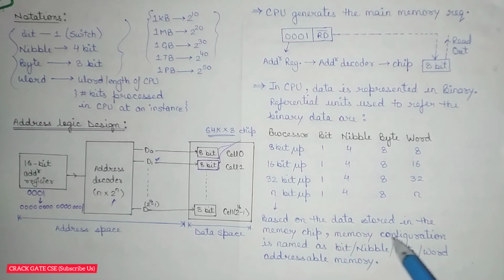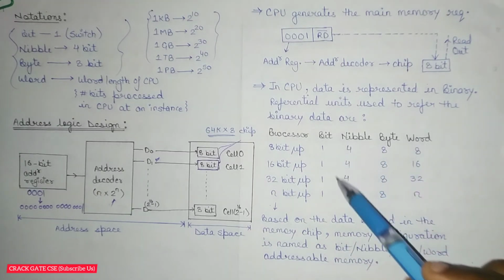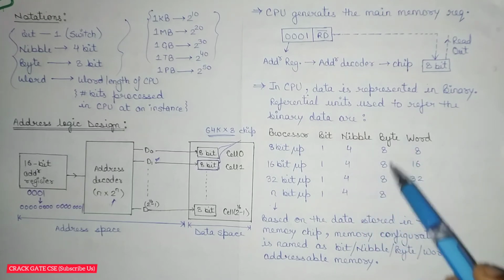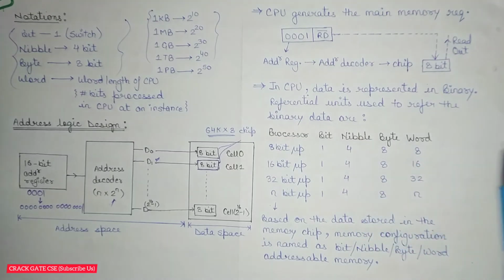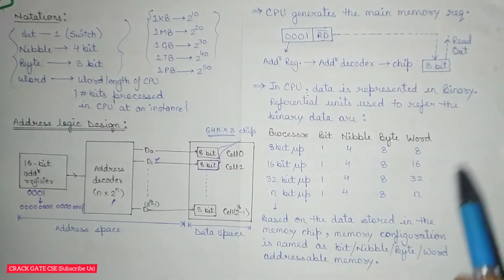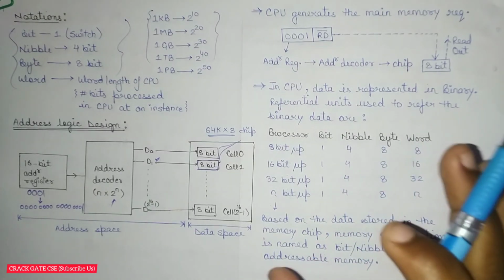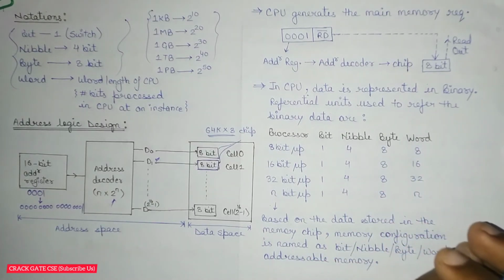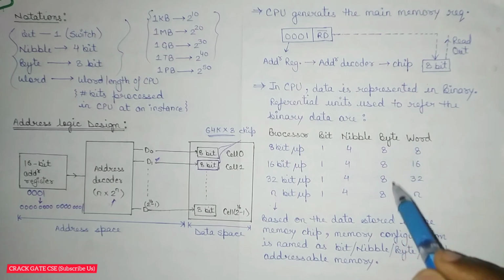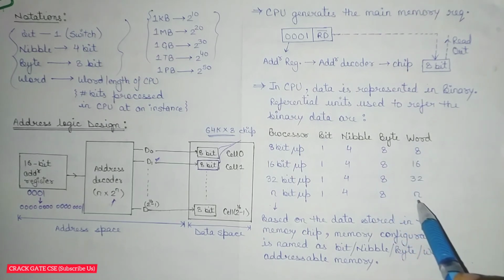Based on the data stored in the memory chip, memory configuration is named as bit addressable, nibble addressable, byte addressable, or word addressable. This will be given in the question, which particular organization they are using. I hope you got a bit of an idea about everything, and in the next video we'll be understanding what is byte addressable and what is word addressable, right?